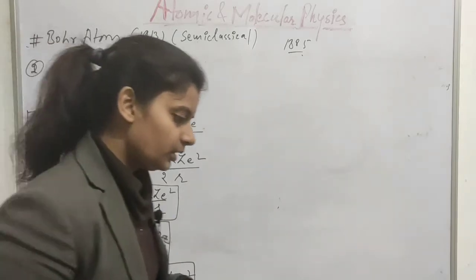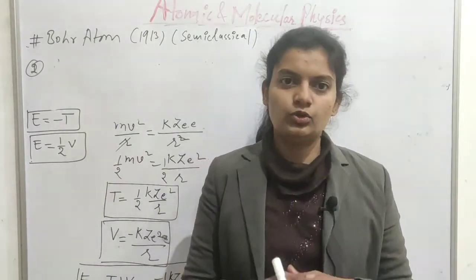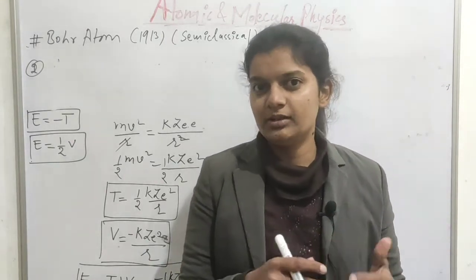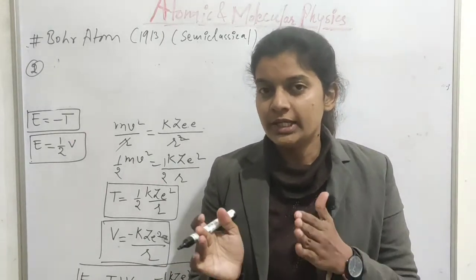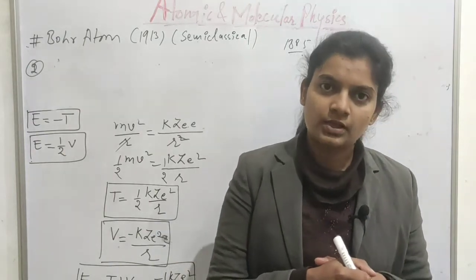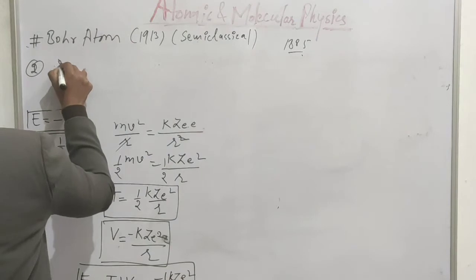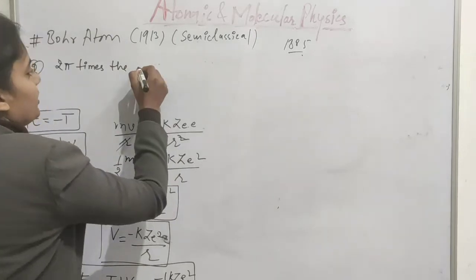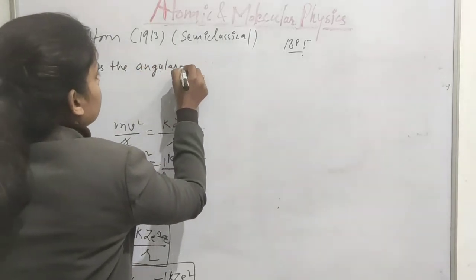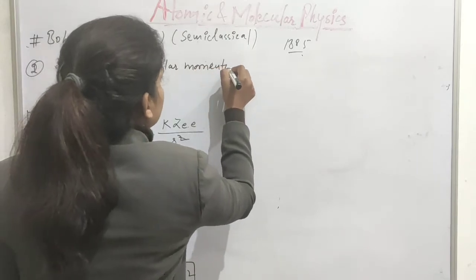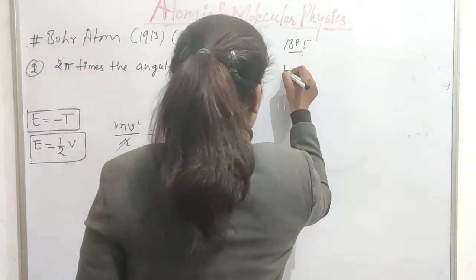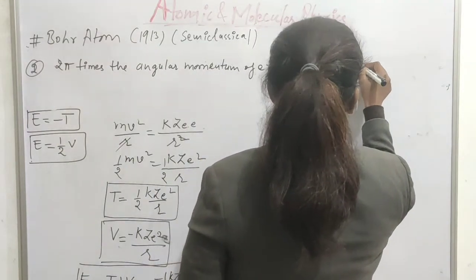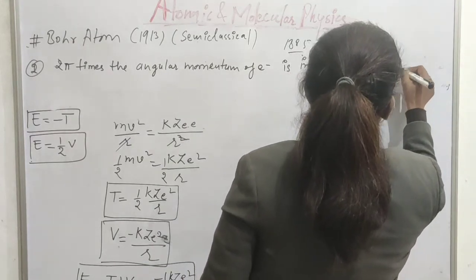Bohr's second postulate was that 2 pi times the angular momentum of an electron is equal to an integral multiple of Planck's constant. Let me write: 2 pi times the angular momentum of the electron is an integral multiple of Planck's constant.